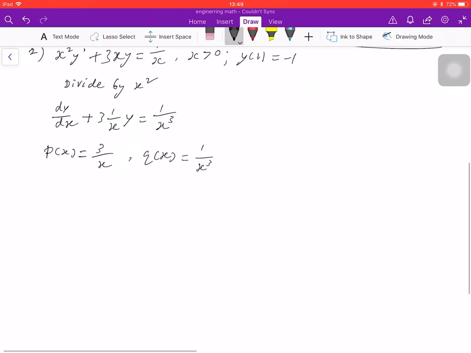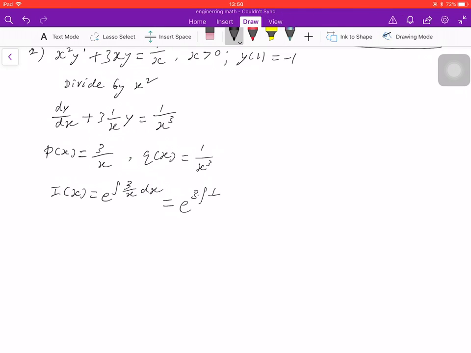Now we find the integrating factor I(x), which is the exponential of the integral of P(x), 3 over x dx. Now we can shift the constant 3 out of the integral.